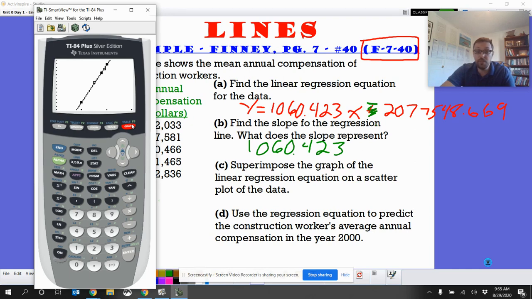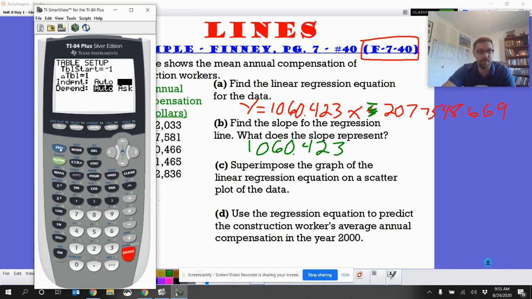We still need to use the regression equation to figure out the construction workers' average annual income for the year 2000. So that is going to be especially exciting because we've typed it into our calculator. So I'm going to go to table set. So I pressed second window. And the independent variable, you can set it to auto, so it just generates numbers for you, or you can set it to ask, and then you can put in whatever numbers you want.